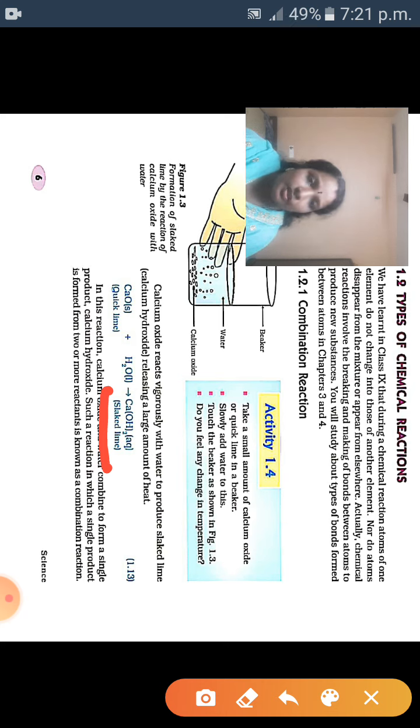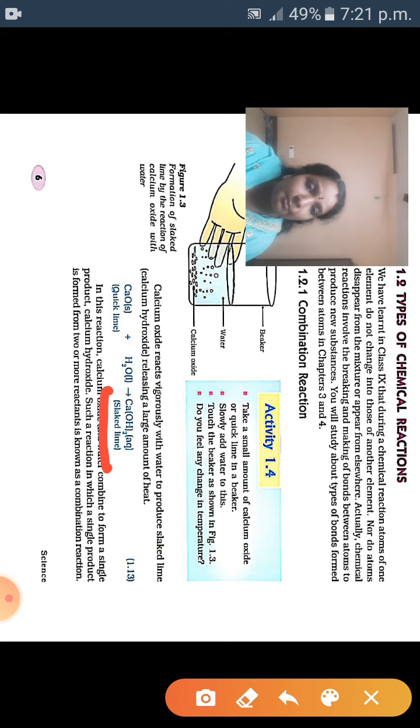In a reaction, if heat or energy is released, then it is known as an exothermic process. Are you clear now? In any reaction, if energy or heat is liberated, this type of reaction is known as an exothermic reaction.